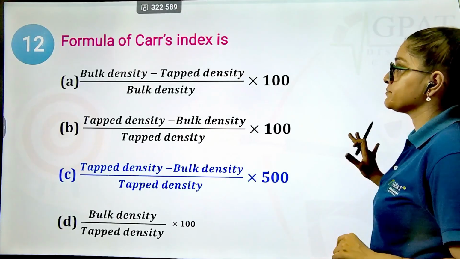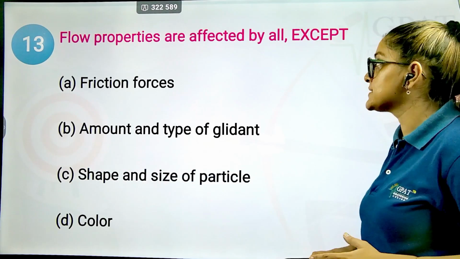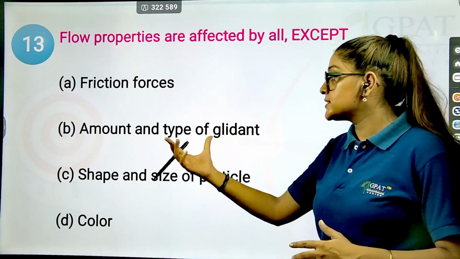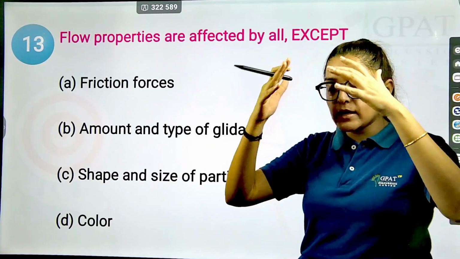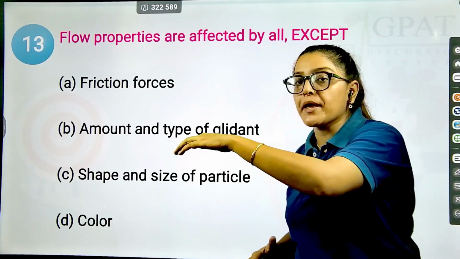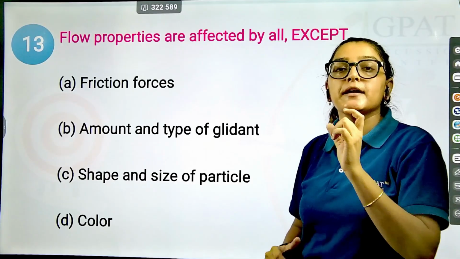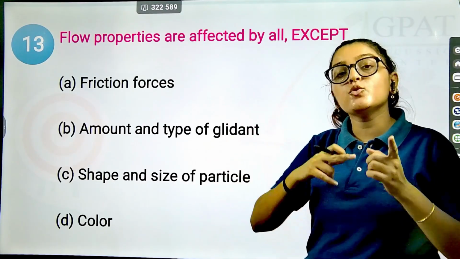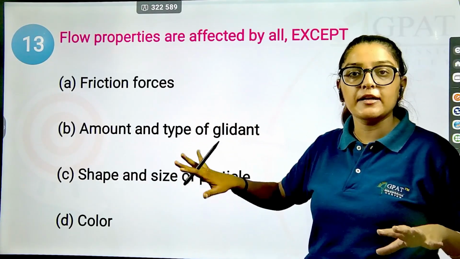Next question. The flow properties are affected by all except: frictional forces, amount and type of glidant, shape and size of the powder, and color. If you imagine flow properties, you can imagine a powder which is flowing. Glidants are added to improve the flow of the powder, so this makes this option B invalid.